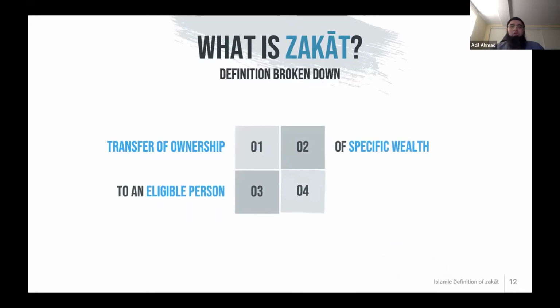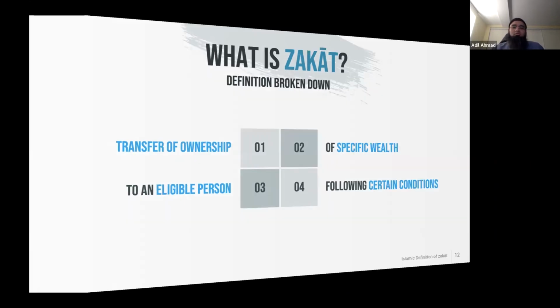Of specific wealth, what wealth zakat is given on, is a separate discussion. To an eligible person, that is a separate discussion. And following certain conditions, that again is another discussion, inshallah, all of which we will be touching upon in the rest of the presentation.